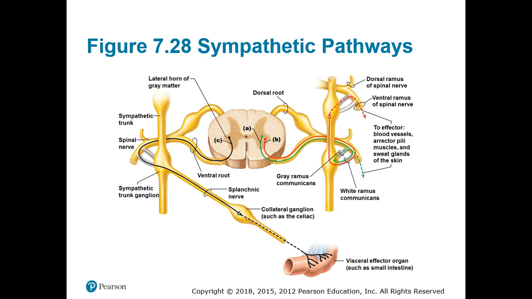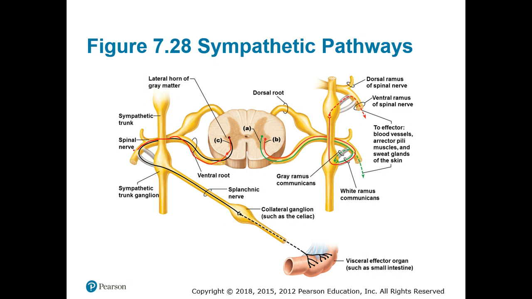If we look at this picture, I'm going to kind of draw the route for you that it will take. Here is our spinal cord, so it's going to go out the ventral root, and I have to say ventral is the front. So here it's going out the ventral root. It's going to come, and this fused part right here, behind that line is our spinal nerve, so it's going to come out your spinal nerve.